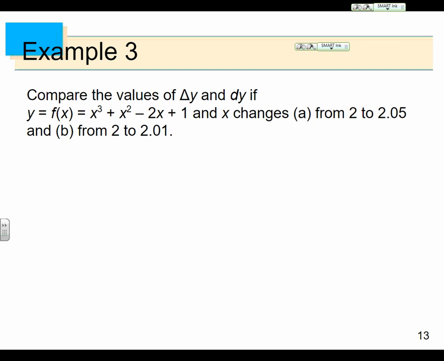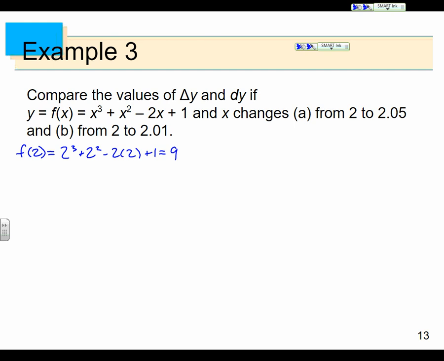It's telling me a delta x, changing from 2 to 2.05. I might let you try 2 to 2.01. So first up, I'm going to need an f of 2. My f of 2 is just going to be whatever I get whenever I plug in 2 for all these x's. So my f of 2 is going to be 9.